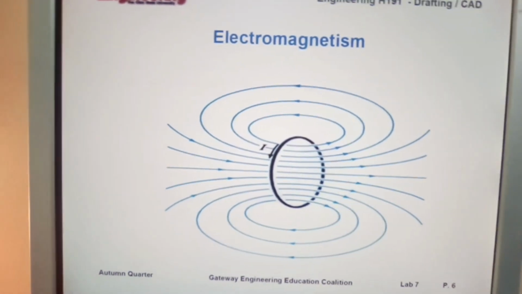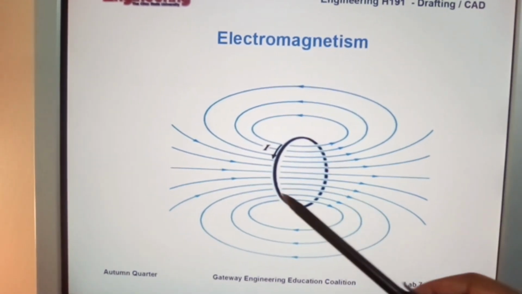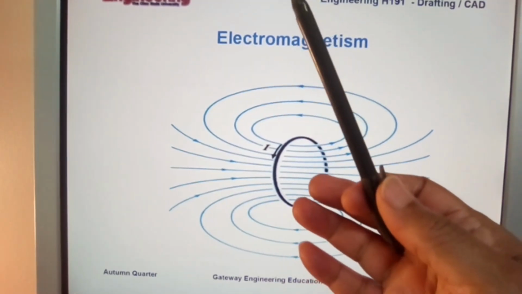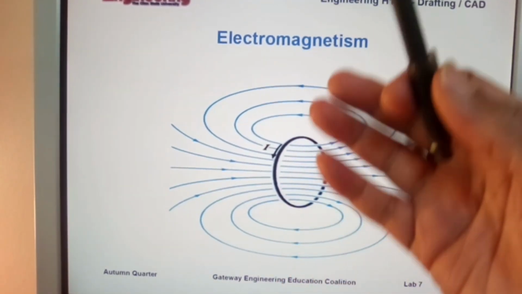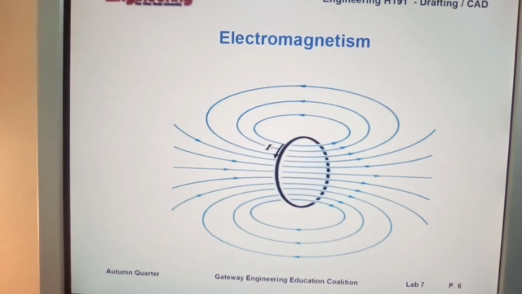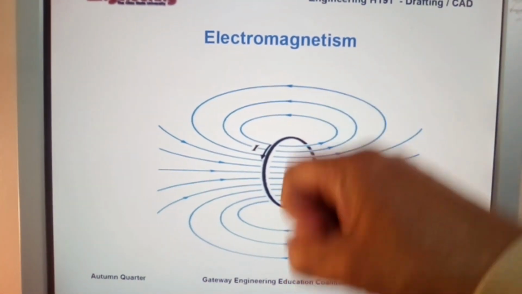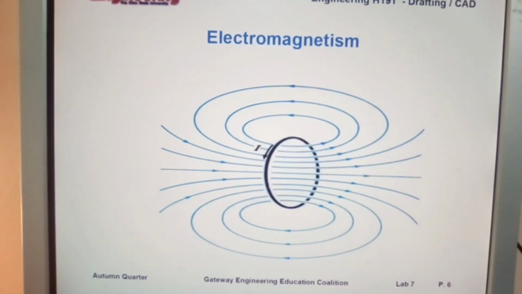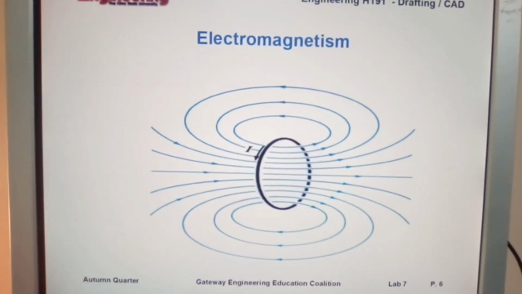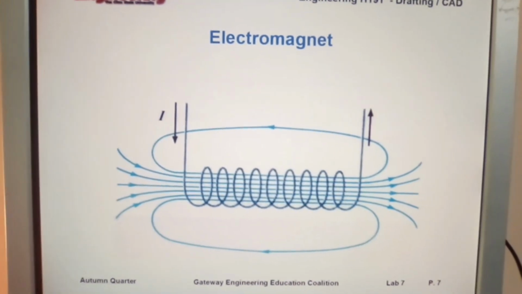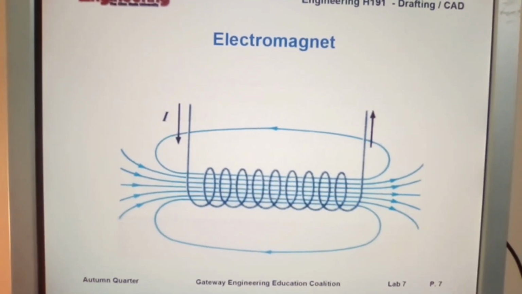Electromagnetism. And here we have the current flowing around the conductor as the conductor moves within that magnetic field. It induces a current. Even if you do it by hand, you will still induce a current, even though the current will be very small, but that current will exist. Here we have an inductor.